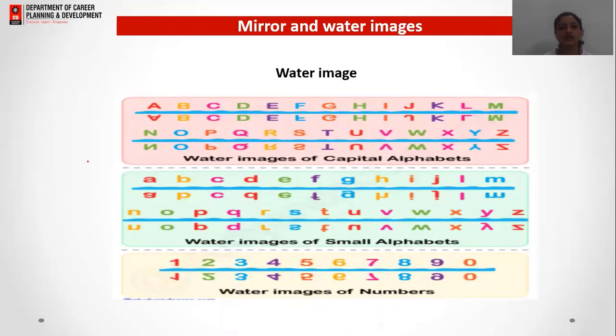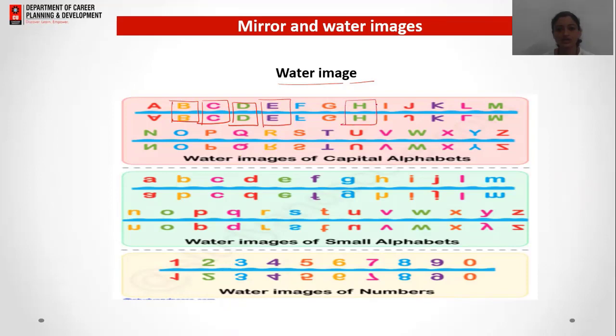So these are the water image of capital letters, small letters as well as digits. There are some letters whose mirror image remains same. As you can see, letter B, the water image remains same. There are some letters whose water image, here we are talking about the water image, remains same.